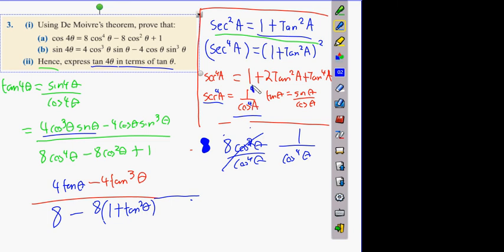So this here is going to be sec⁴θ. And sec⁴θ is what? Sec⁴θ is already written up here. So it's 1 plus 2tan²θ plus tan⁴θ.